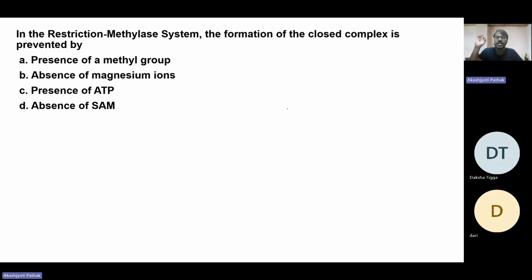Why? Because of the presence of the methyl group. Just now we learned this in the previous slide. If there is a methyl group, then the closed complex is not formed, and as a result the catalytic activity of the restriction enzyme will not be activated, and the DNA will not be cleaved. Okay, so the answer is option A.